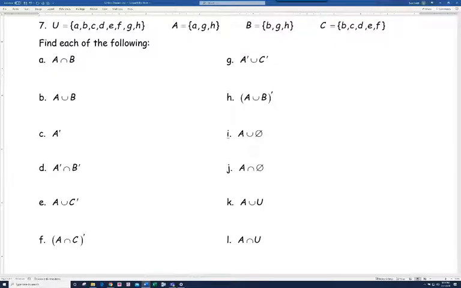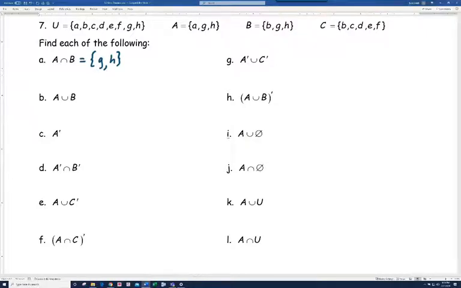If you look at A and B, they both have G and H in them. And so A intersect B is going to be the set G and H.